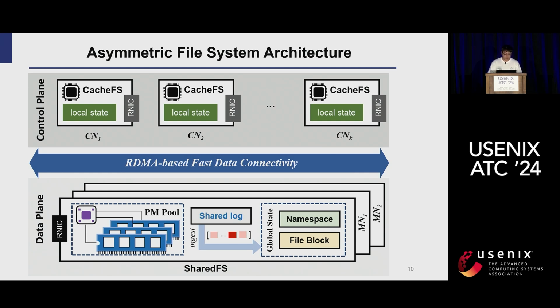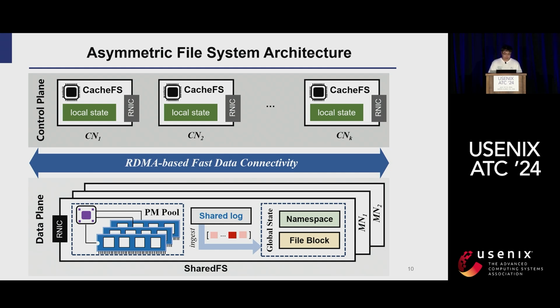To drive the DPM system, we develop the compound file system architecture with a key insight. The DPM features imbalanced computing and memory resource provision between CNs and MNs. A CN is equipped with a powerful processing unit and limited memory capacity. In contrast, MNs manage a large memory pool consisting of tens or even hundreds of PM modules.